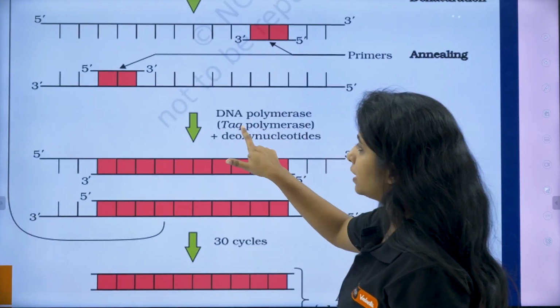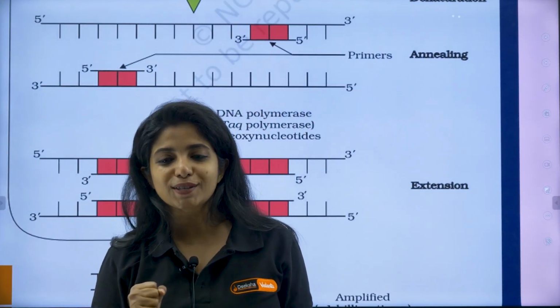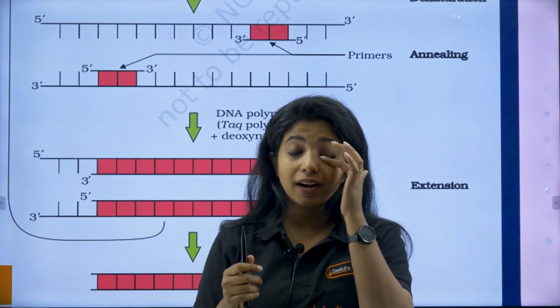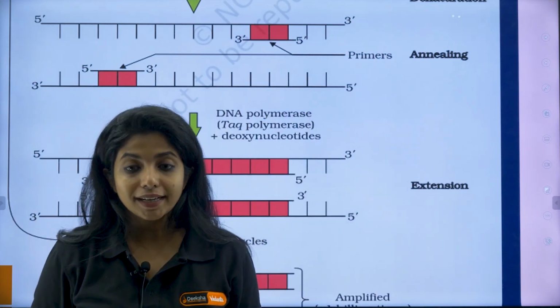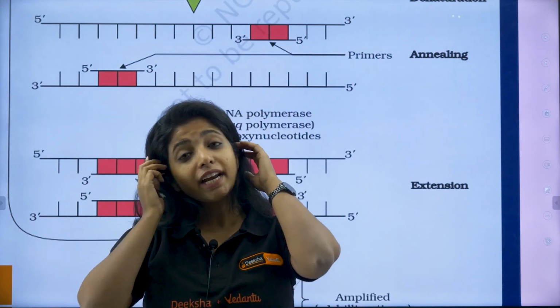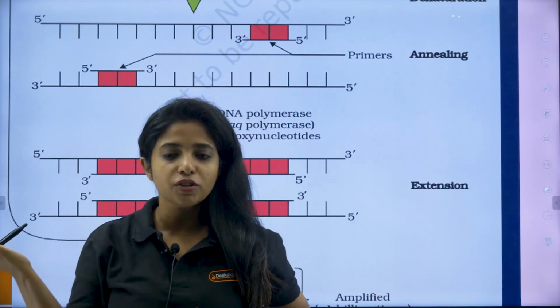Now you are going to take the DNA polymerase, and here the name of the DNA polymerase is Taq polymerase. Why Taq polymerase? Because it is extracted from Thermus aquaticus, which is a bacteria that can survive high temperature, and in this particular technique, PCR, high temperature is being used.